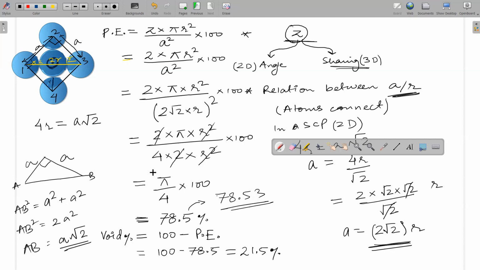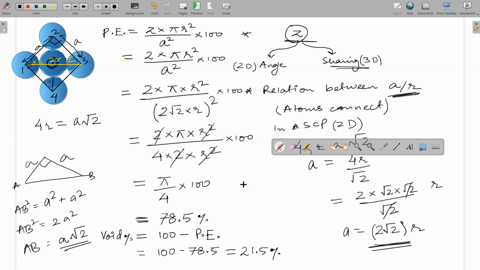What did you put the value of pi as? 22 by 7. 22 by 7 is not the absolute value of pi. 3.1416 is our value. We should take that.